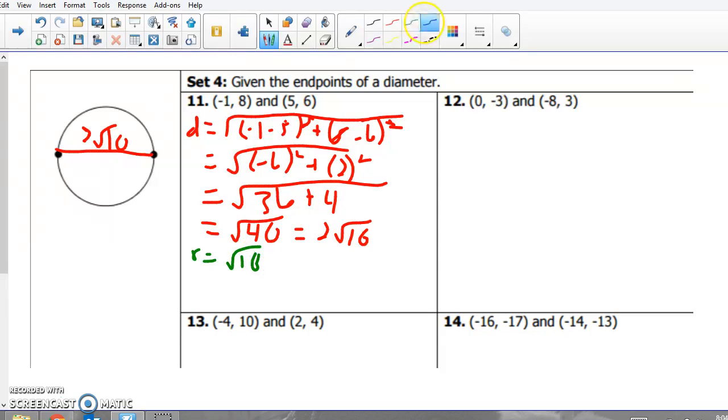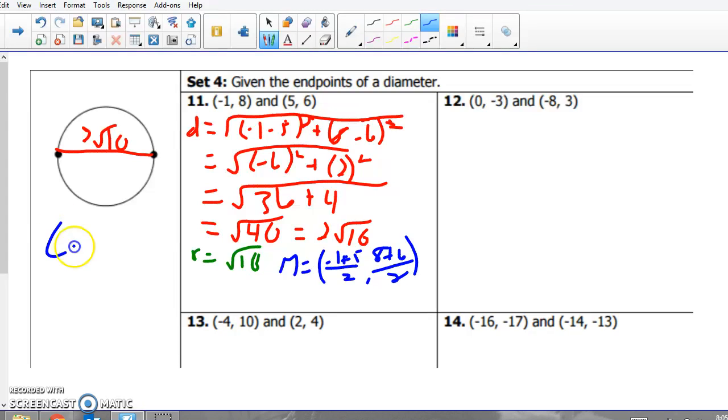Then we need to find our center, and to do that, we're going to use the midpoint formula, which is -1 plus 5 divided by 2, comma, 8 plus 6 divided by 2. So -1 plus 5 is 4, 4 divided by 2 gives me 2.